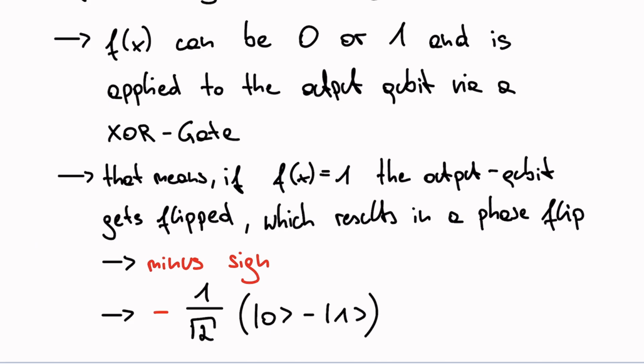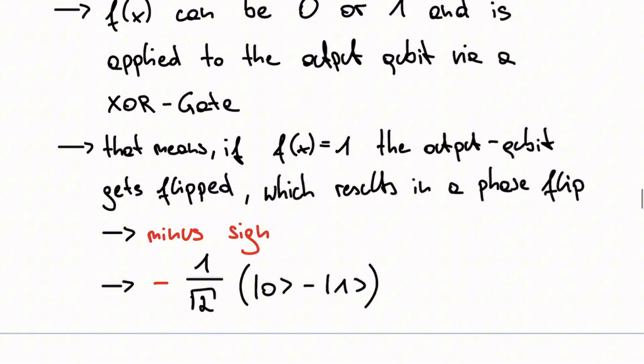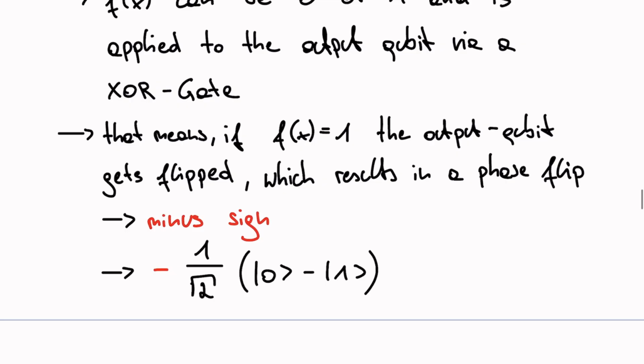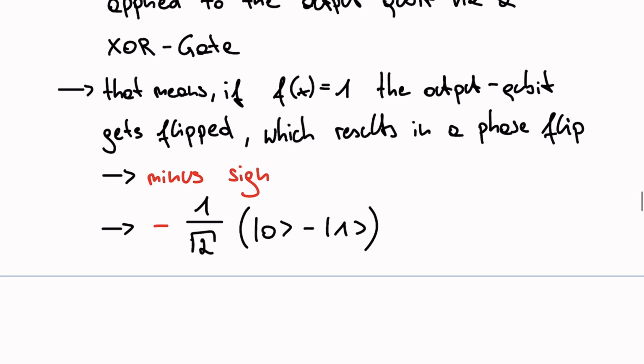But here's the interesting part. Because the output qubit is already in a superposition, specifically 0 minus 1, flipping the output qubit actually leads to a phase flip. This means that the entire superposition gets multiplied by minus 1. We represent that with the expression minus 1 to the power of f of x times the original superposition state of the output qubit.